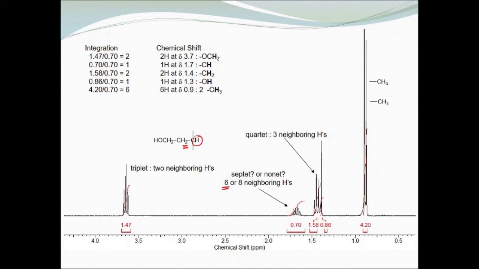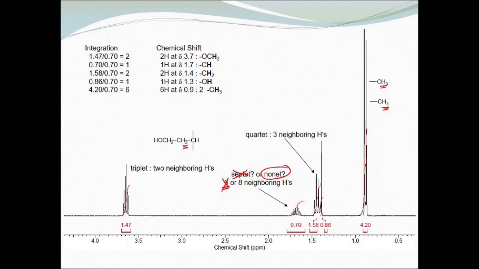So this does not seem likely. So probably not a septet with 6 neighbors. What about nonet? Does this one make sense? Nonet is 8 neighbors, which would mean, since we already have 2, that we would have another 6. In fact, that matches very well with the fact that we have these 2 methyls out here. So that all seems to fit.